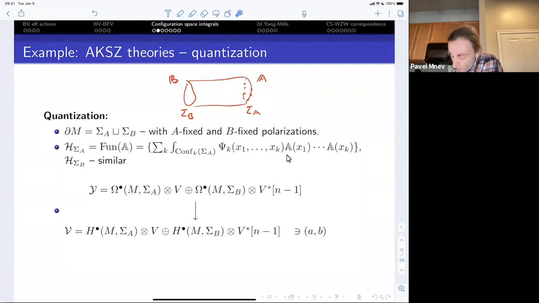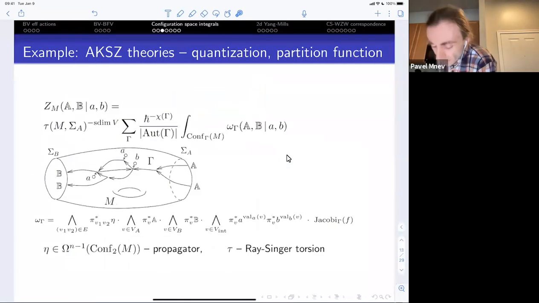I call an element here a pair of classes, little a and little b. The partition function depends on the boundary fields, a non-homogeneous differential form A on the A boundary and a non-homogeneous differential form, the B with double leg, on the B boundary, and on this pair of relative classes, little a and little b.